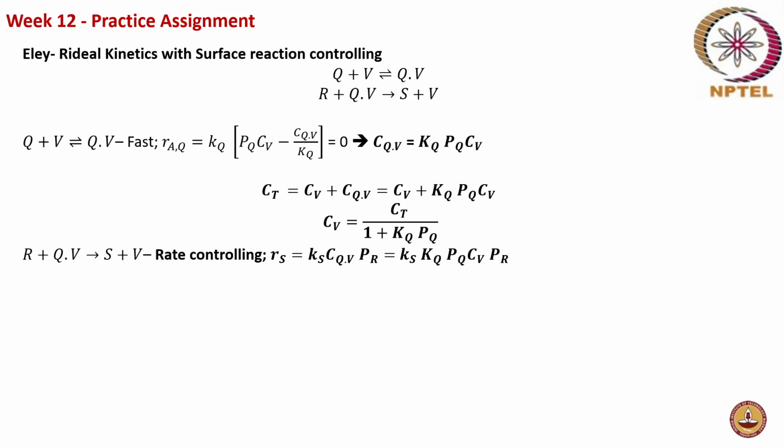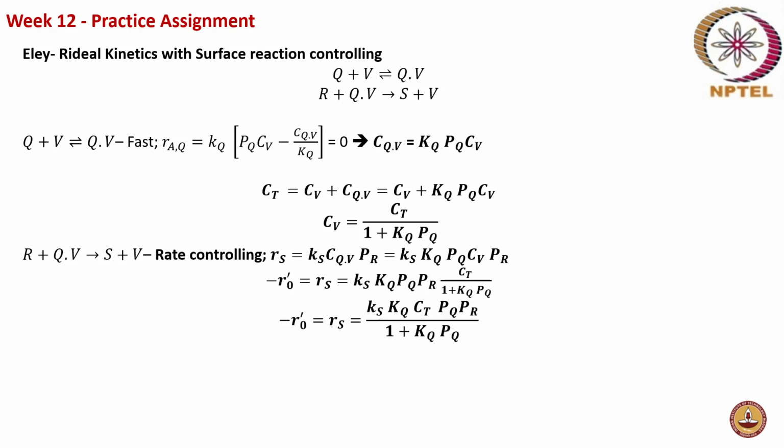Substituting the value for CQV, you will get Ks into KQ into PQ into CV into PR as the expression. Now substituting for CV in terms of the total active sites concentration, you will end up with minus R naught dash is equal to Ks into KQ into CT into PQ into PR by 1 plus KQ into PQ.